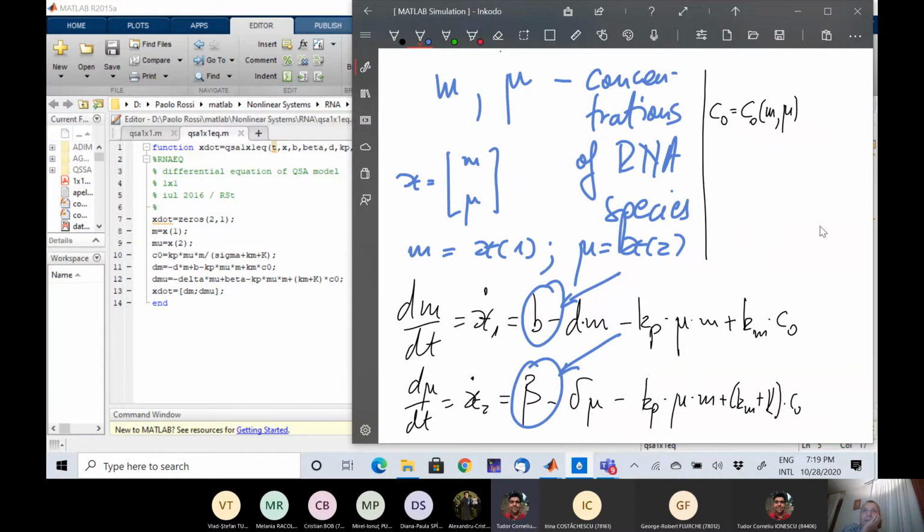So it's quite easy. I hope I did not make any mistake, the MKP, everything fine. We basically have to take the equations and write the expression of the derivatives in the body of this function.